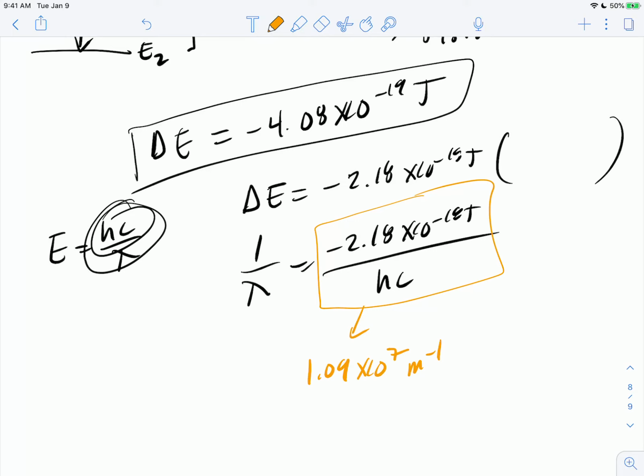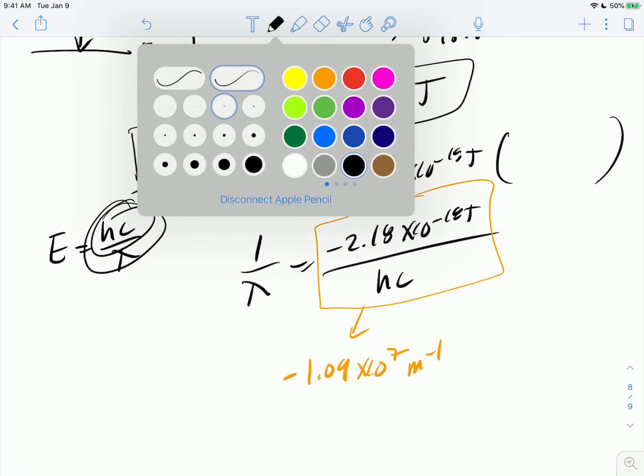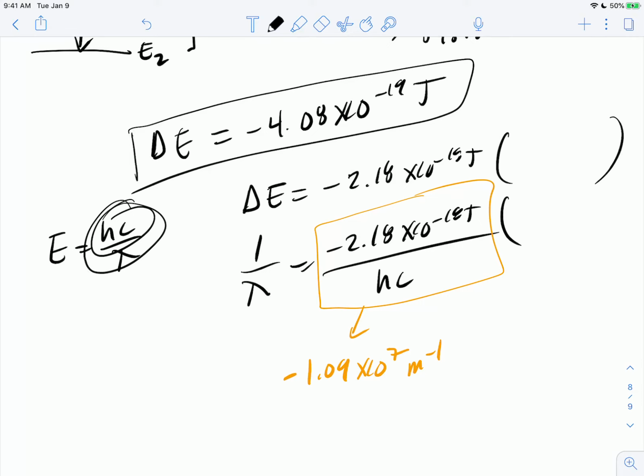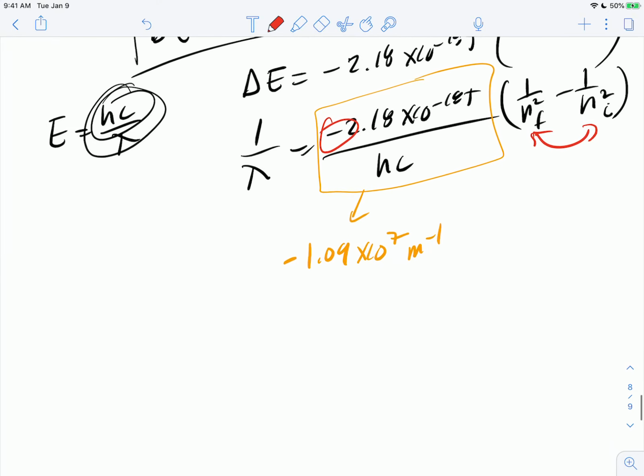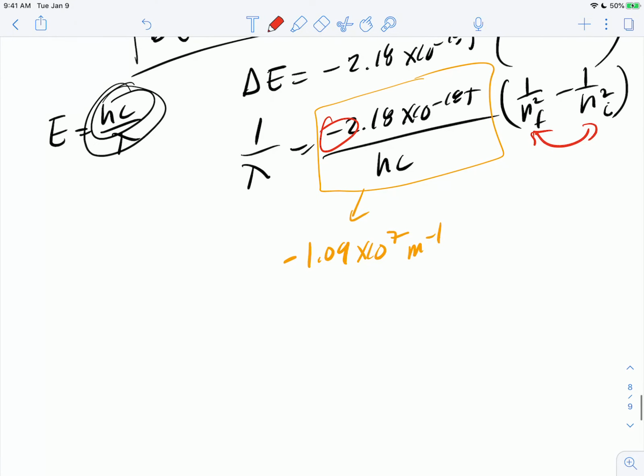So this is negative as I've written it with the 1 over n squared final minus 1 over n squared initial. Another funky thing that some books will do is switch these to get rid of the negative sign. So I just want you to be comfortable with this when this equation is written as a wavelength, and there's actually a really good reason why.